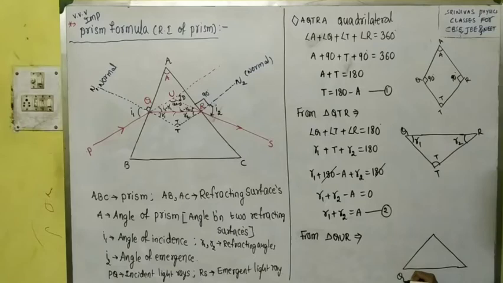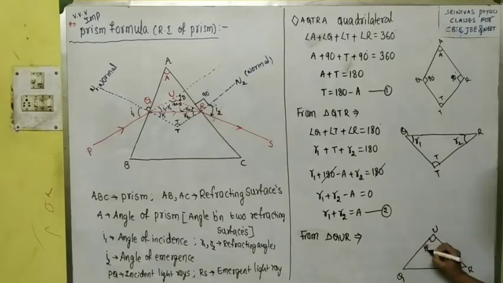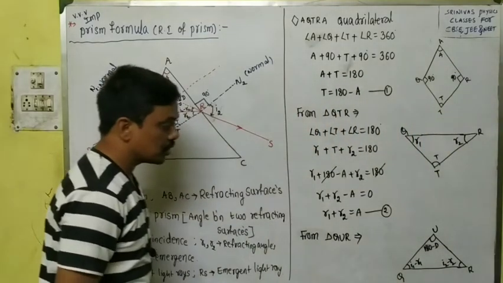This is Q, this is U, and this is R. The angle at U is 180 minus D. This angle is I1 minus R1, and this angle is I2 minus R2. The sum of these three angles is equal to 180 degrees.